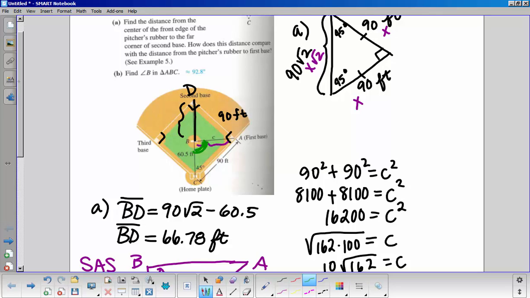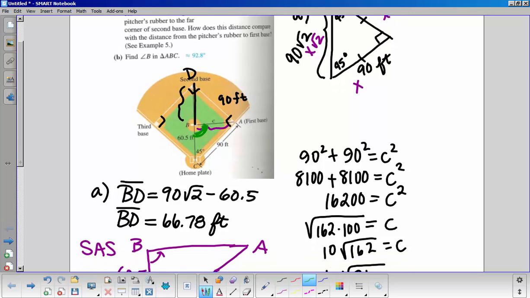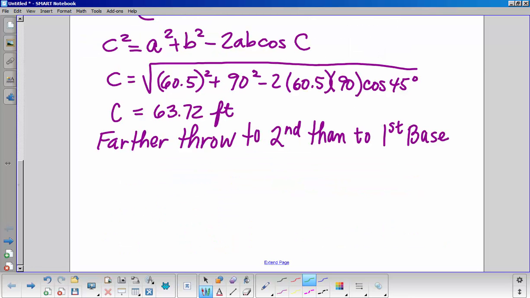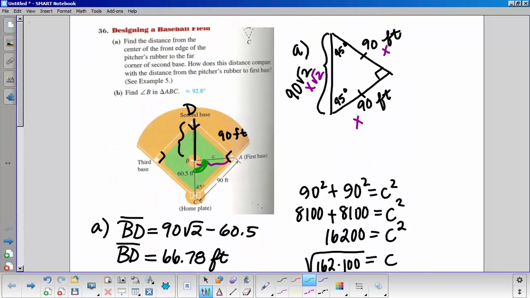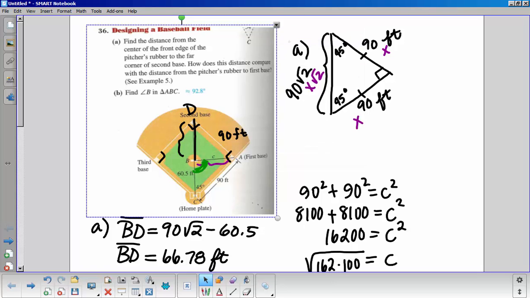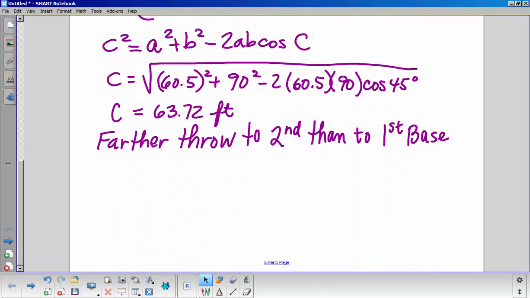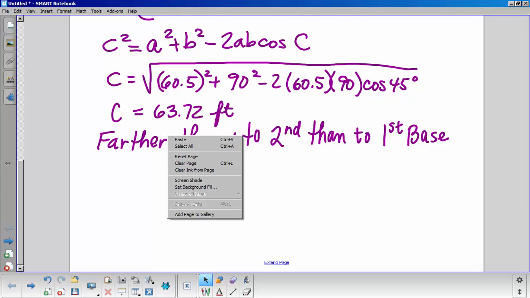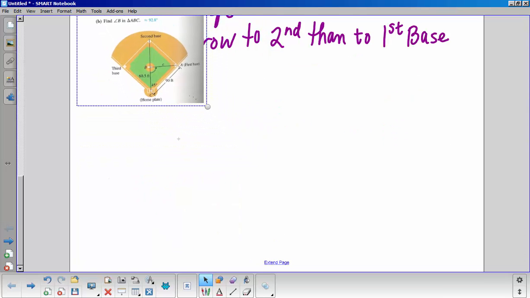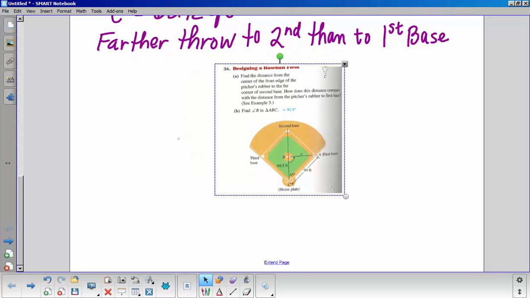This is part B. And the glorious thing about electronics is that I can copy this and bring it down here. For angle B, are we going to solve for the big triangle? That is the big angle, I believe.